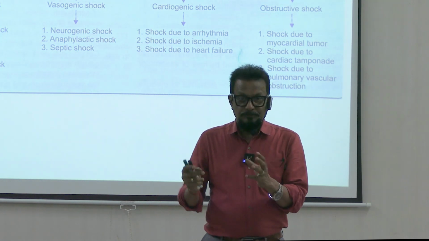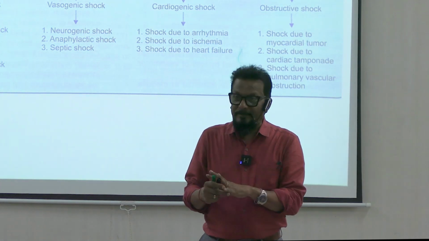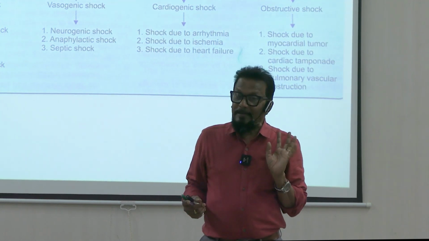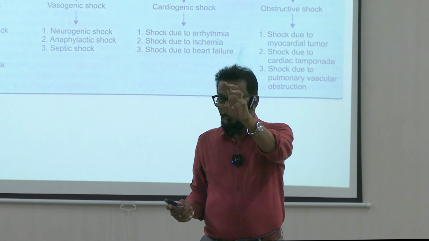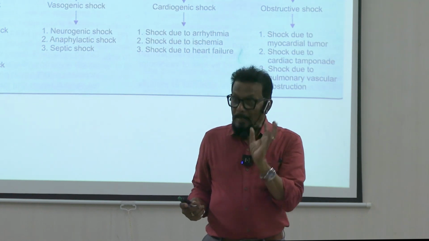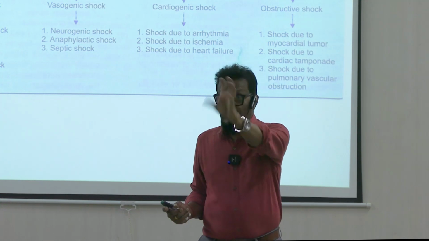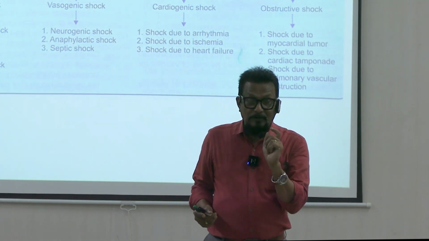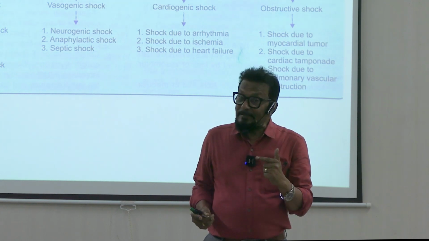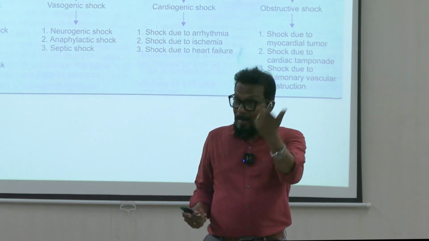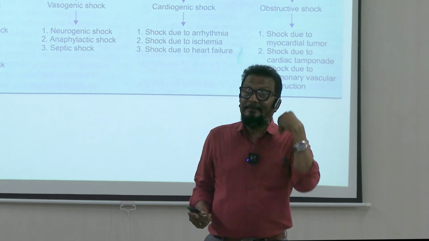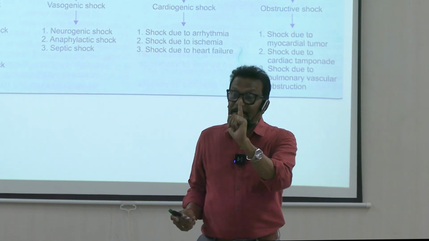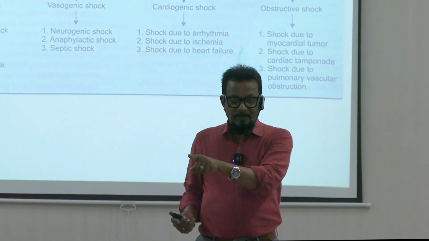Requirement of the tissues. If the tissue requirement is say X amount, but the heart cannot supply that amount, then it is termed cardiac failure. Cardiac failure means the heart is unable to maintain blood supply to the tissues as per their requirement.